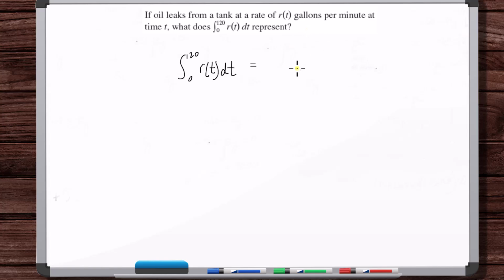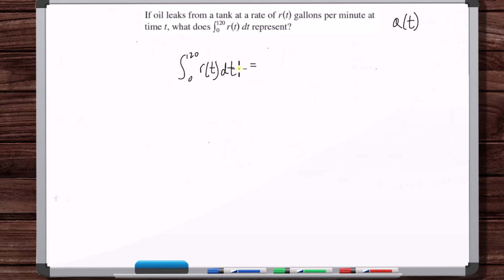What this is going to be, if we had another function that represented, let's say it's Q, the amount of oil that has leaked from the tank at time t. So at time t equal to 0, there's no oil that's leaked. I guess they just filled up the tank. But then, every 1 minute, 2 minutes, etc., you have a certain number of gallons of oil that have leaked from the tank. That's what Q of t represents.